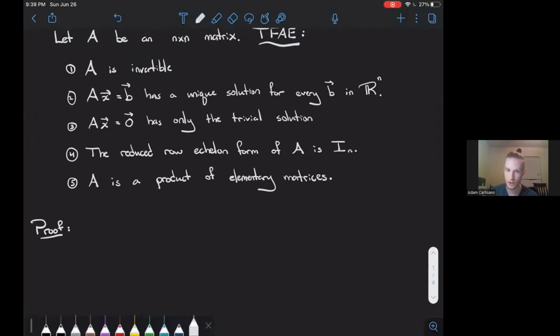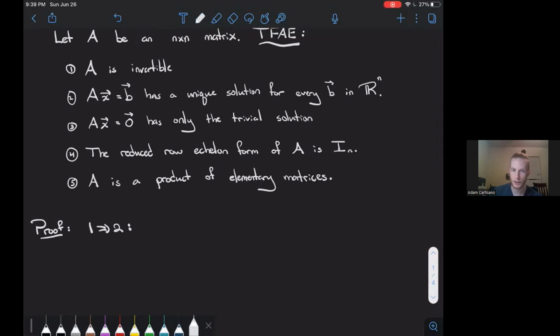So it goes like this. I'm going to do this mostly verbally. So 1 implies 2. We're going to assume that A is invertible, and we want to prove that AX equals B has a unique solution for every B in R^n. Well, last time we had a theorem that said precisely that statement.